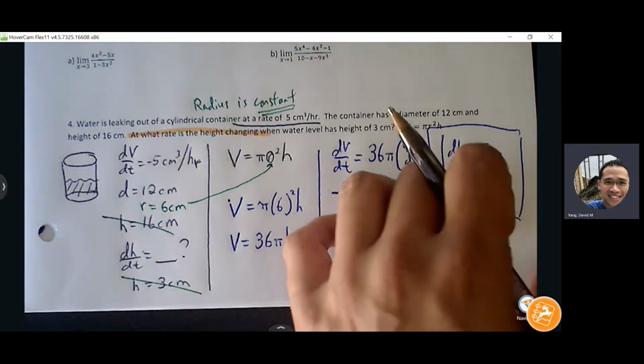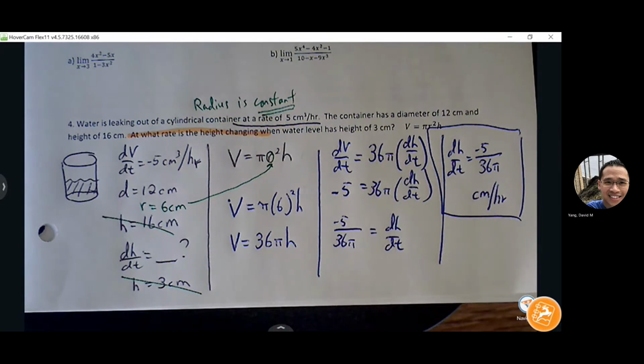Okay, next page, number 6, page 6. Another Pythagorean theorem problem.